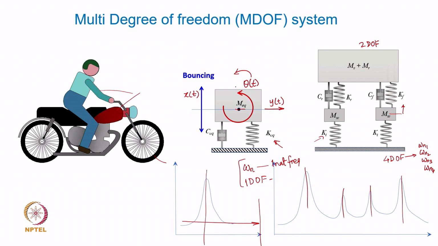If you only have this vertical excitation function, you may not be able to excite that kind of a pitch motion in the mass. Then you may not get a pitch natural frequency. So, it is not only necessary that your system should have that natural frequency, but your excitation function should be such that it should be able to excite that motion. Okay. But of course, that part we will discuss later as well.